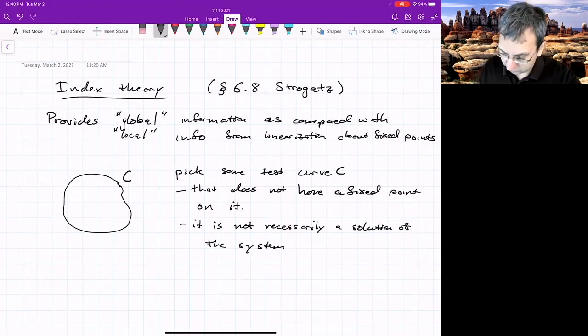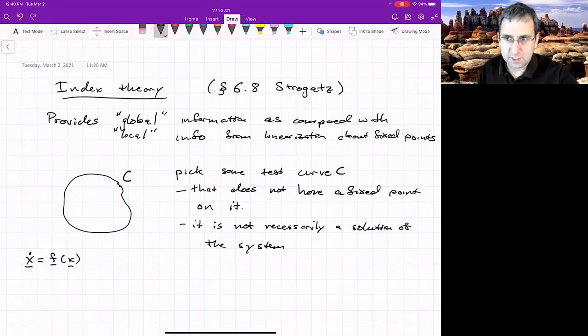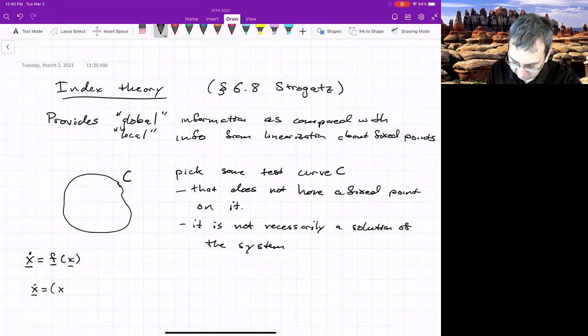So here's what we'll do. We're thinking of the situation where I'll write it in this vector way. x dot equals f of x. This is a two-dimensional vector field. We write x dot as vector x dot and y dot. So at any particular point, let's say this point, we've got a vector.